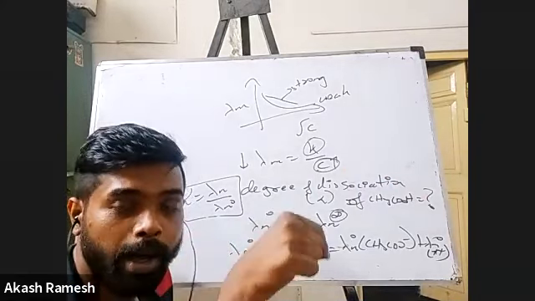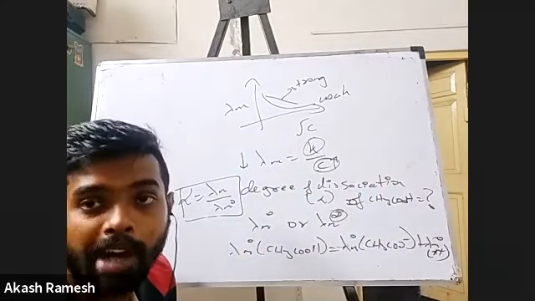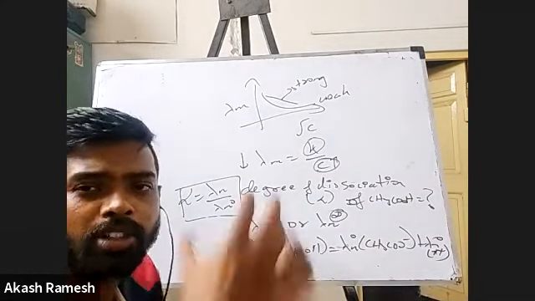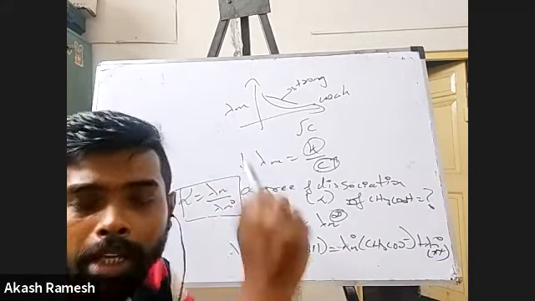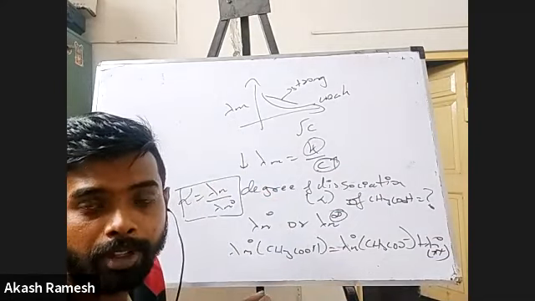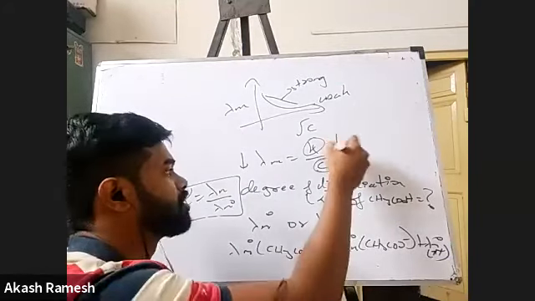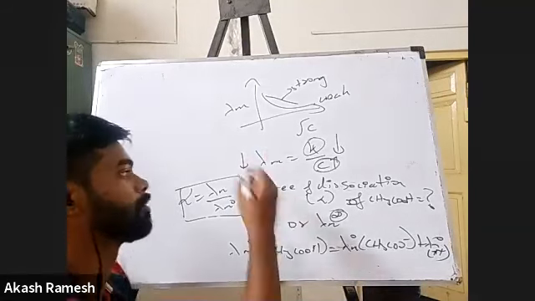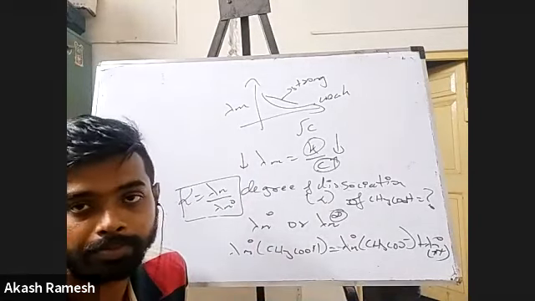Since these charged particles are able to move through the electrolyte, that is how it is able to conduct electricity. So if I have very high concentration, all these ions are very close to each other, so they will not be able to move that much. Their mobility is decreased. Because their mobility is decreased, their conductivity value is also decreased, and obviously the lambda m value also decreases.